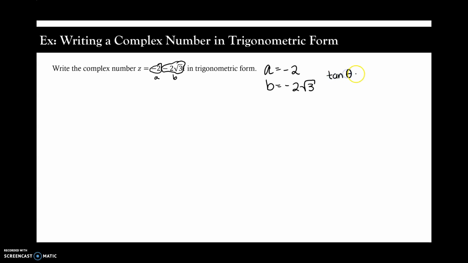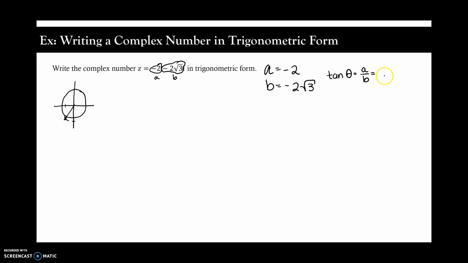So the tangent of theta is equal to a over b, and I'm just going to do a quick little sketch over here of where this number would be. So it would be at negative 2, and then negative 2 times the square root of 3. It's about right here. This would be somewhere down here.